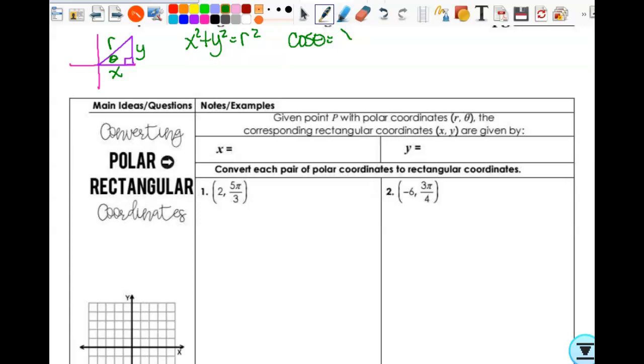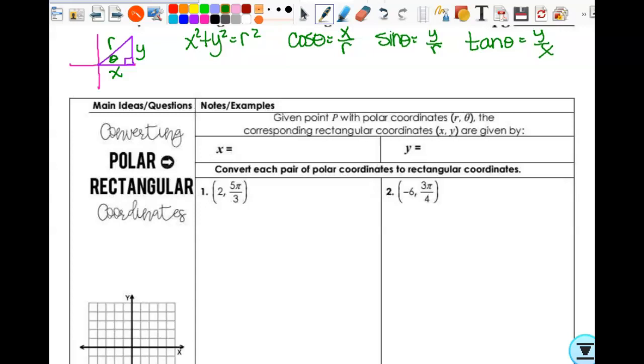Specifically from this, it is x over r. There we go. And then sine theta would be what? Y over r. And tangent theta, y over x.